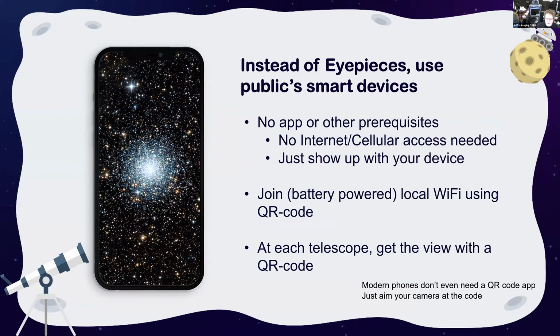So no prerequisites, just show up with your device, and we'll make it easy to join a local Wi-Fi using a QR code, and that's been tested and works on both Android and iOS. Then as you go to each telescope, there'll be another QR code that you point your phone at, and then you'll get the image that's being live stacked from that telescope.